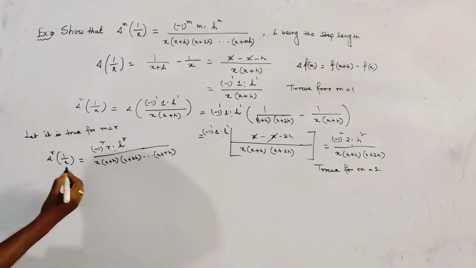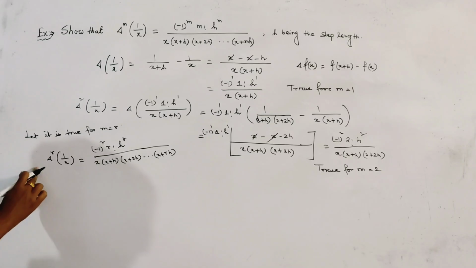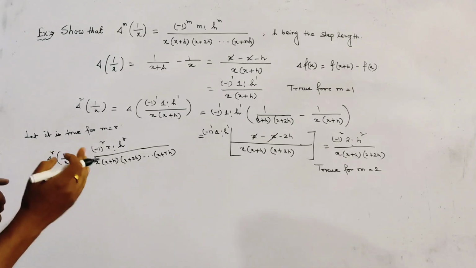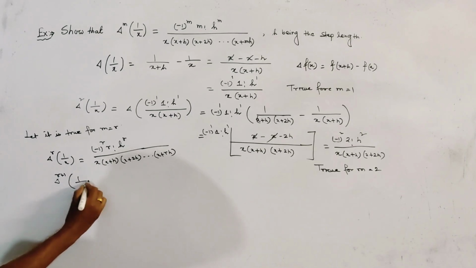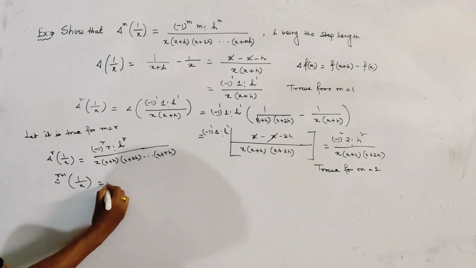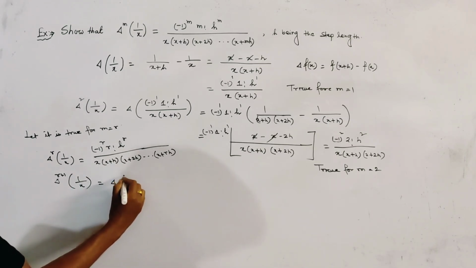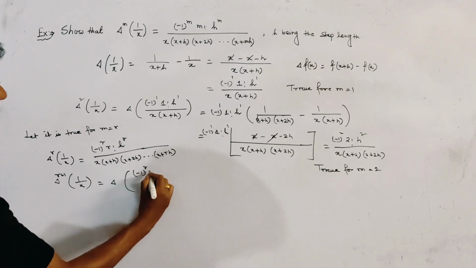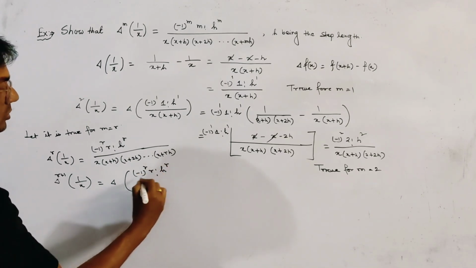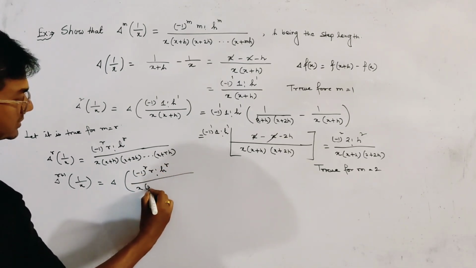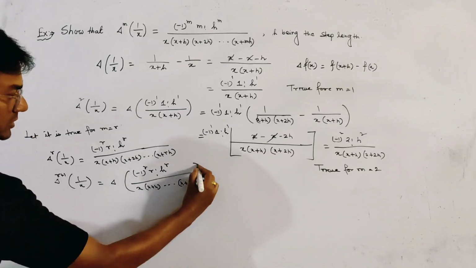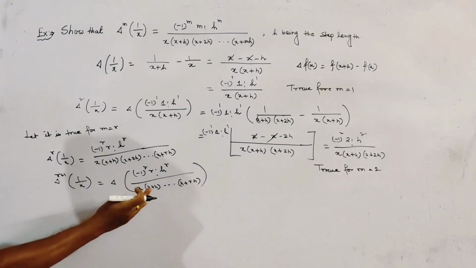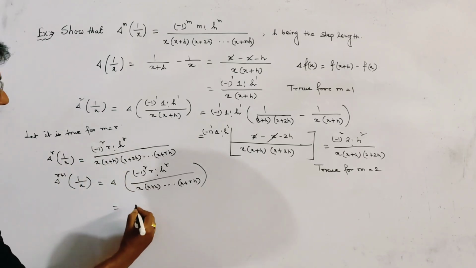Right, now we take delta on both sides again. Then we get delta to the power r plus 1 of 1 by x, which is delta of minus 1 to the power r factorial h to the power r over x plus h up to x plus rh, and again we use the definition of delta.